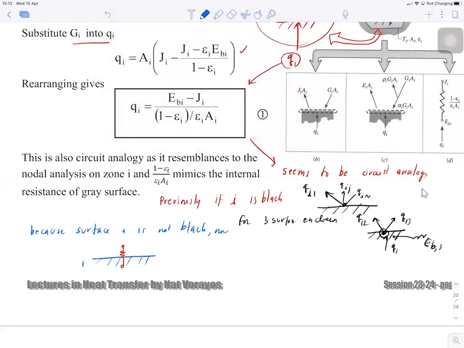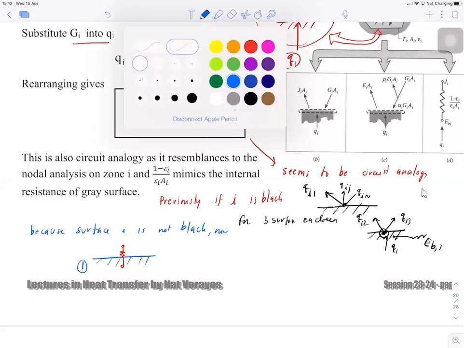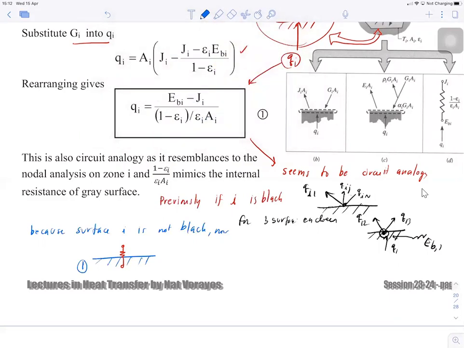Surface I has the internal thermal resistance, across which it has the EB1 inside, and it has the J1 outside.